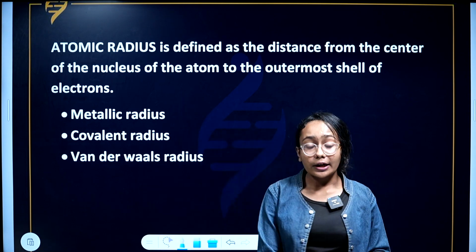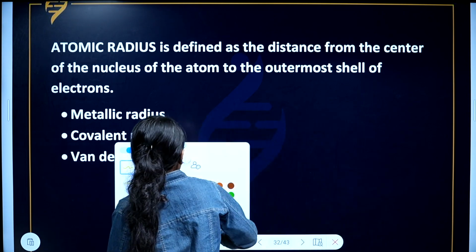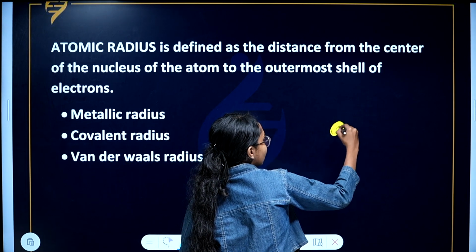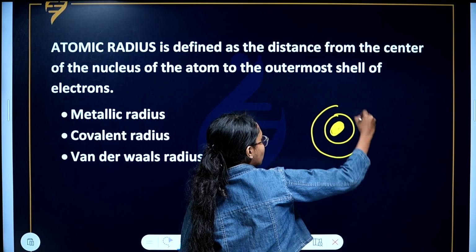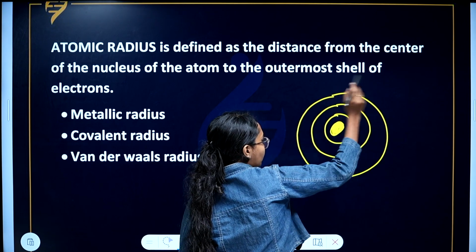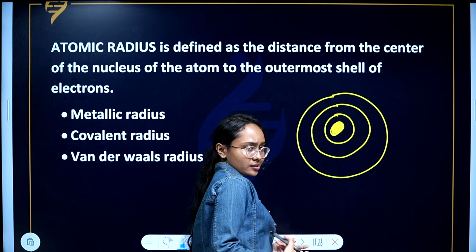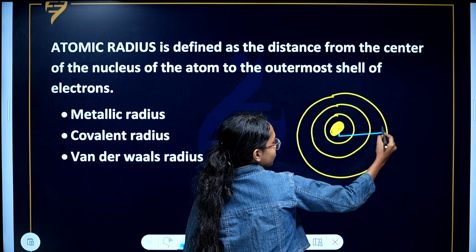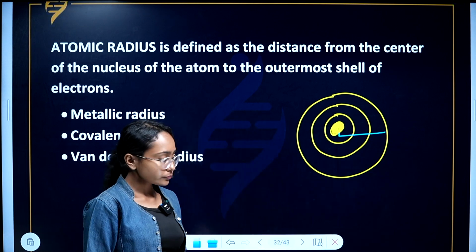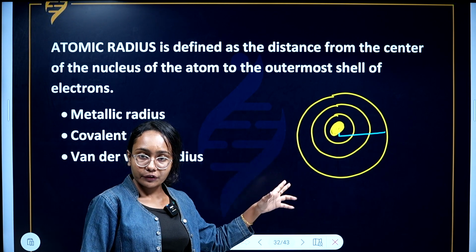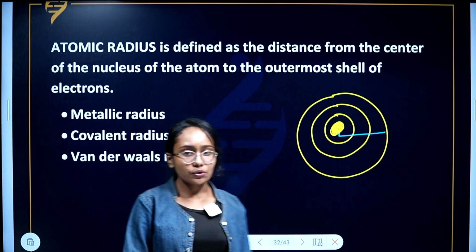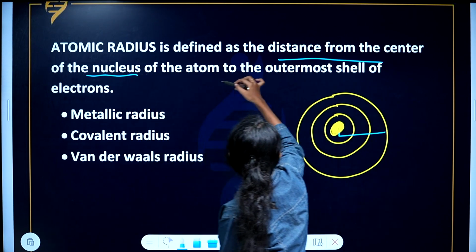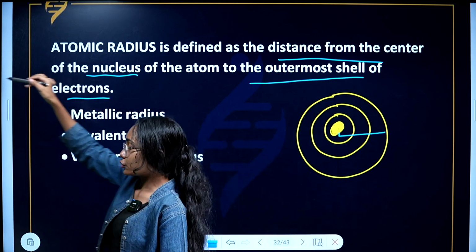So starting with atomic radius, this is a nucleus, a shell, n equal to 1, n equal to 2, n equal to 3. What is atomic radius? Atomic radius is simply the distance from the center of the nucleus to the outermost shell of electrons.